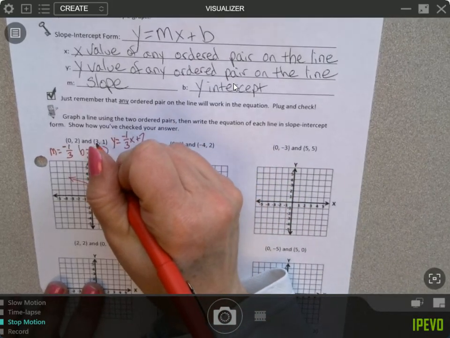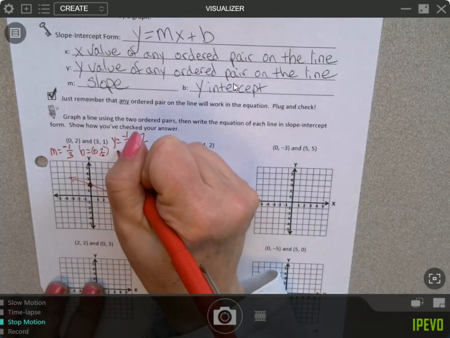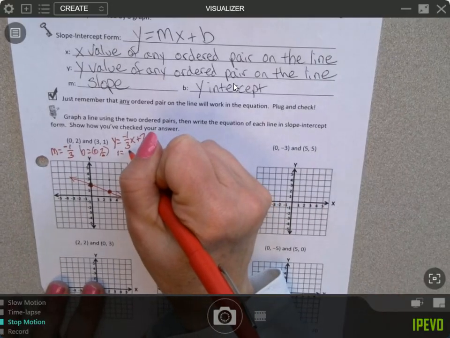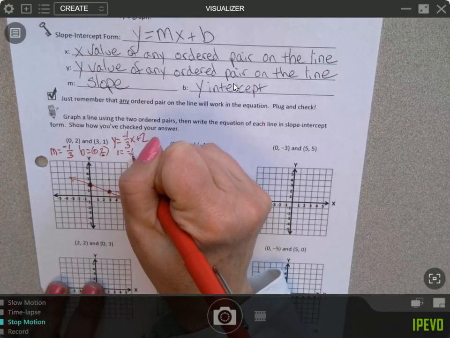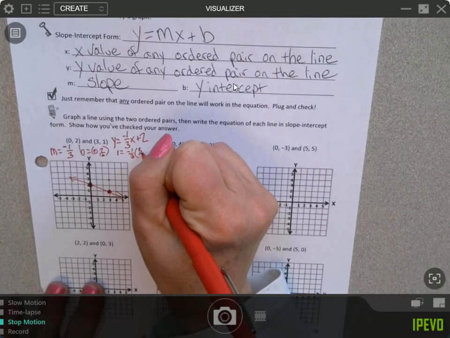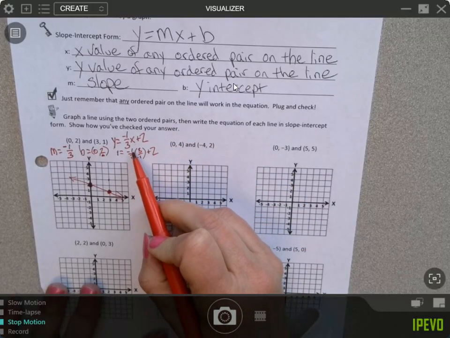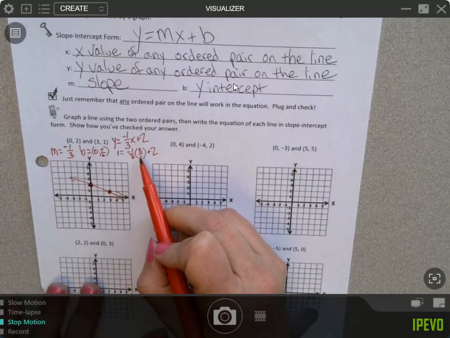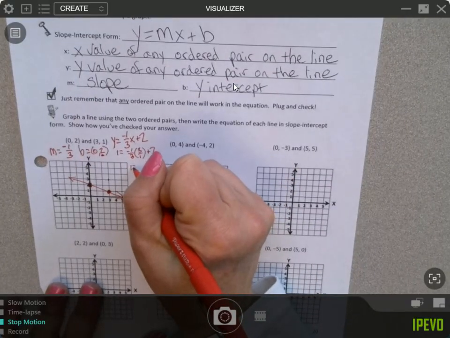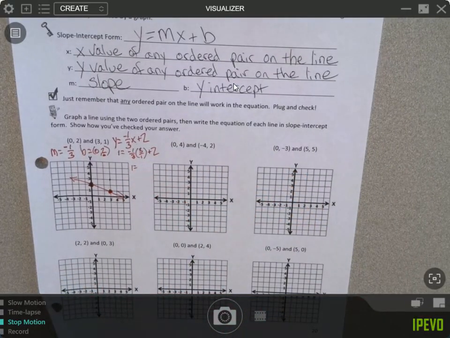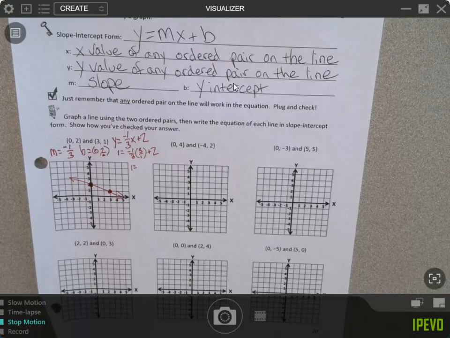So Graham said, let's do the 3, 1. So I'm going to put a 1 in for the y. That equals negative 1/3 times that 3 over 1 plus 2. So negative 1/3 times 3 over 1 equals what? My 1 equals what? What is negative 1/3 times 3?